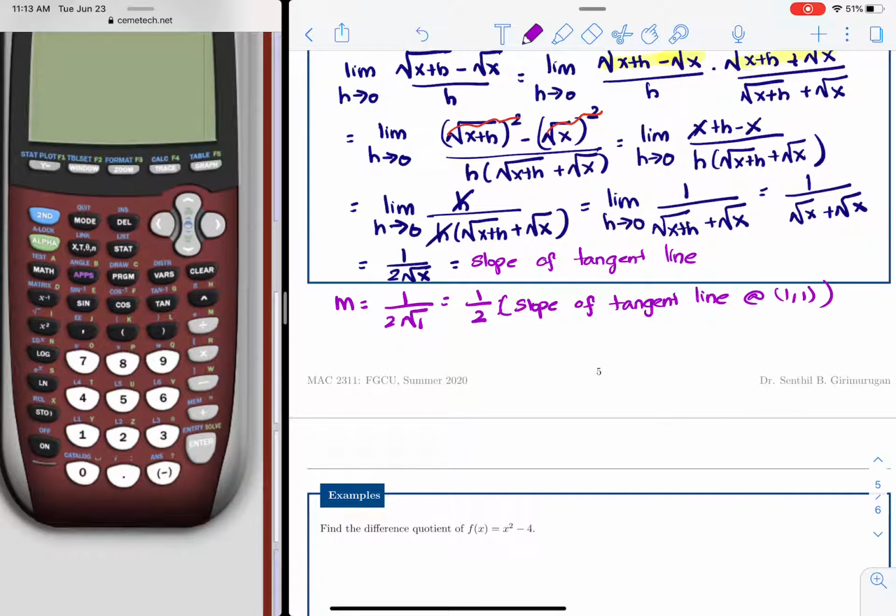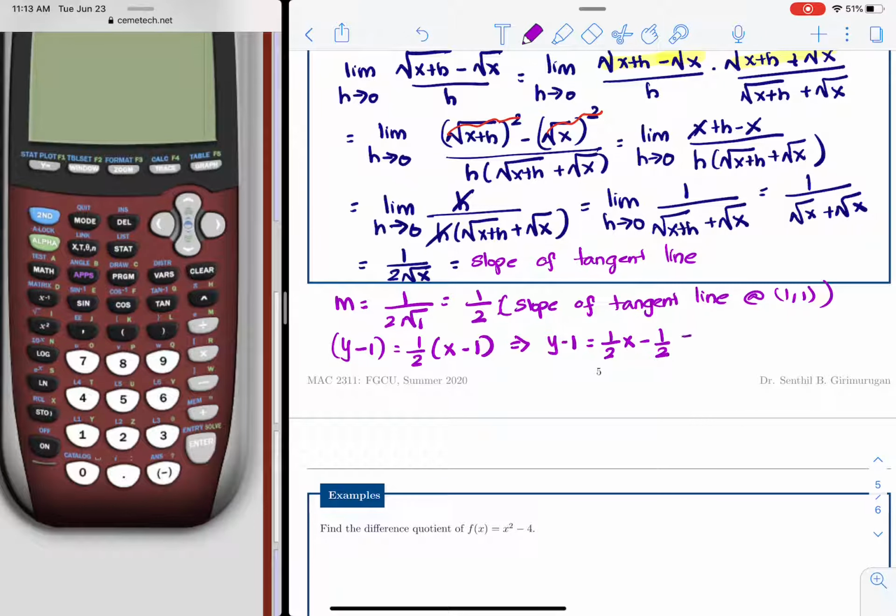And I know the point where I'm looking for the tangent line, which is (1, 1). So if I put it in point slope form, I have y minus 1 equals 1/2, the slope, times x minus 1. So that would be the point slope form. Let me go ahead and convert it to the slope intercept form. So we have y minus 1 equals 1/2 x minus 1/2.